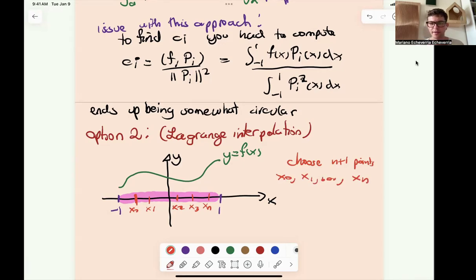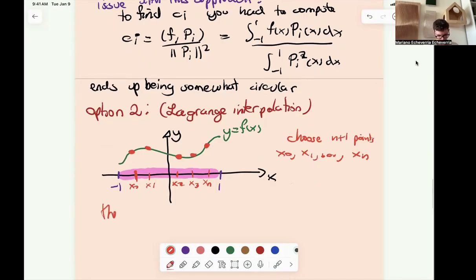That gives you corresponding points on the graph, right? So that gives you a point here, a point here, a point here, a point here, a point here, and then you would try to find the Lagrange polynomial that passes through all these points.